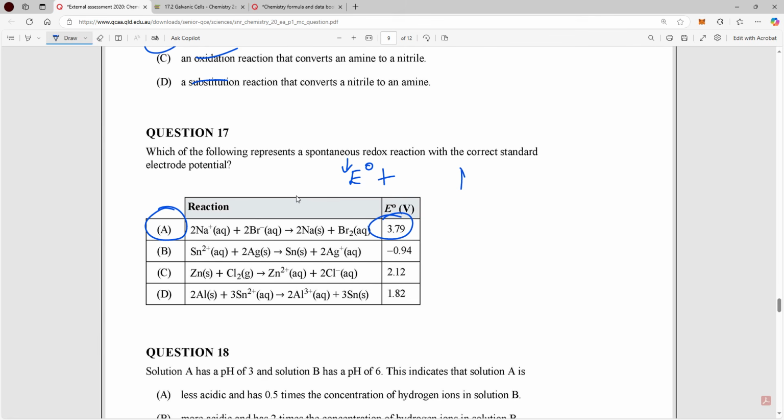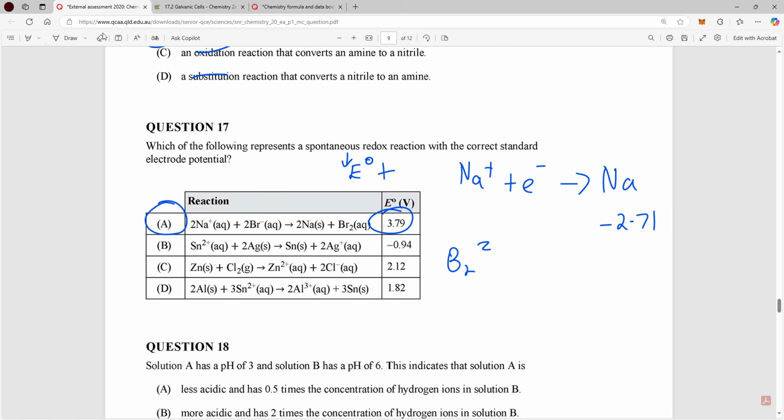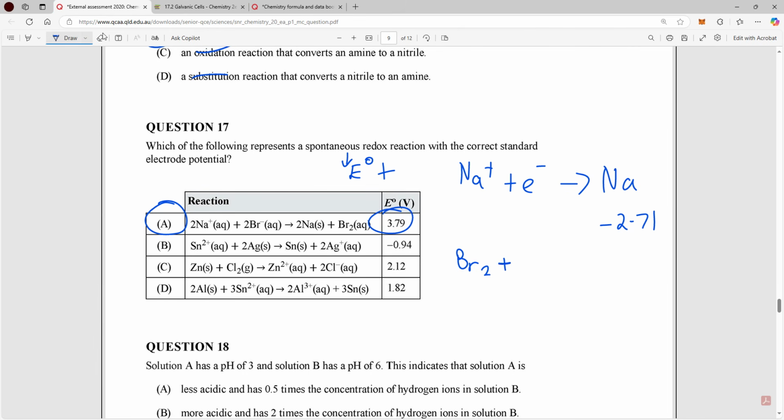So if we were to write the equation, we have Na plus electron produces Na, and we had negative 2.71. Then we had bromine 2, oh, why is the pen not working? That's not good, try again. So we have Br2, this is just straight off the book, plus 2 electrons produces 2Br negative, and the E naught is positive 1.08.